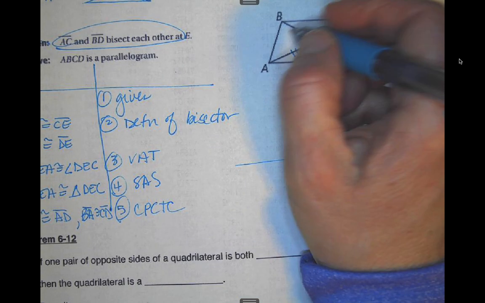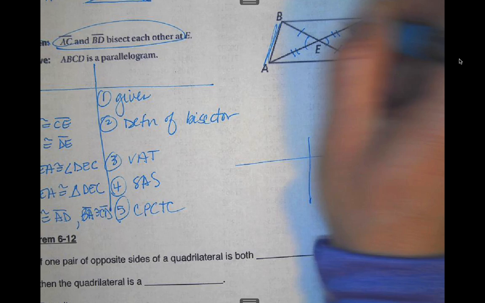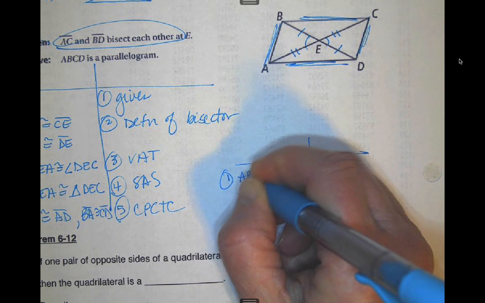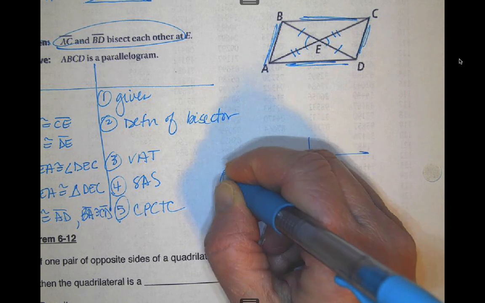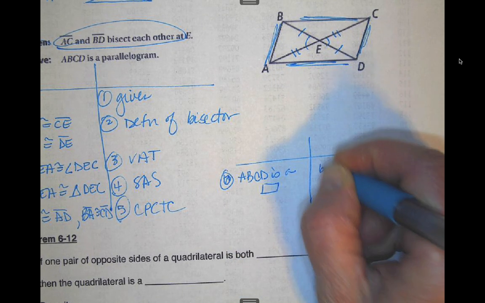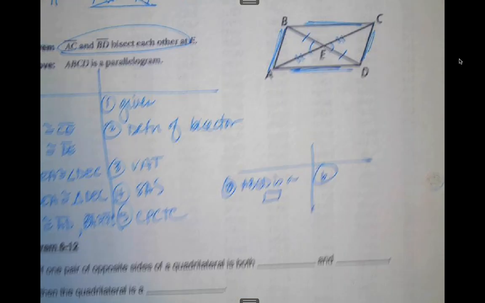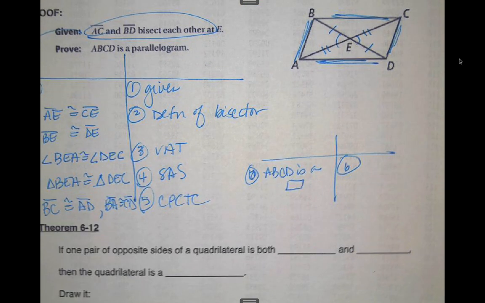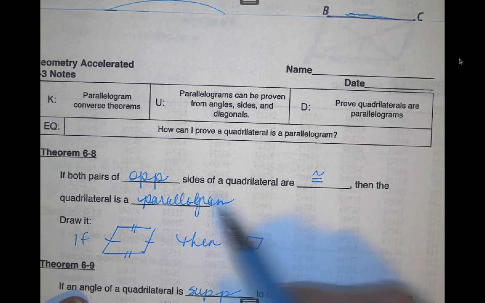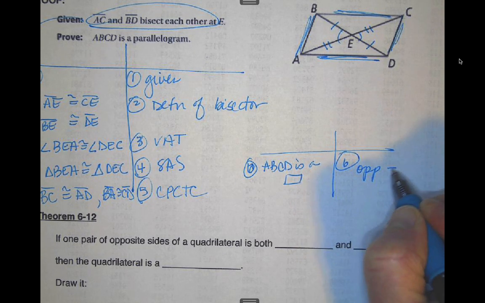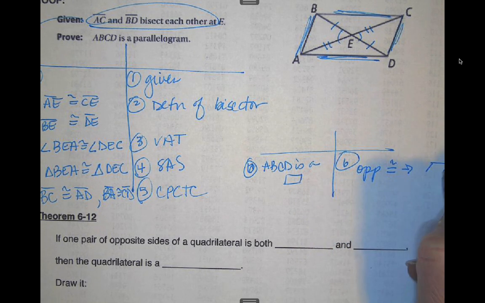And now if this is congruent to this, and this is congruent to this, then ABCD is a parallelogram, because back on the other page we said that if opposite sides of a quadrilateral are congruent, then the quadrilateral is a parallelogram. So opposite sides congruent, then parallelogram.